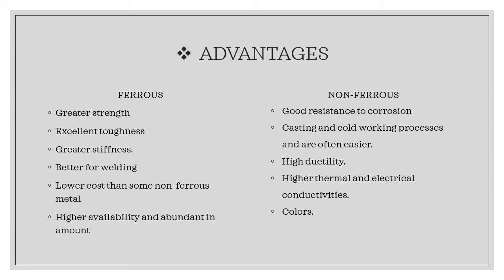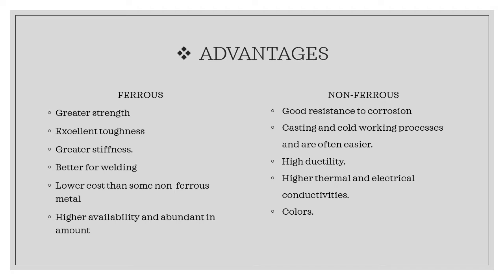Here are the advantages of ferrous and non-ferrous metal. Ferrous metal tends to have greater strength, excellent toughness, greater stiffness, is better for welding purposes, and has lower cost than some non-ferrous metals. Usually, ferrous metal also has higher availability and is more abundant compared to non-ferrous metal.